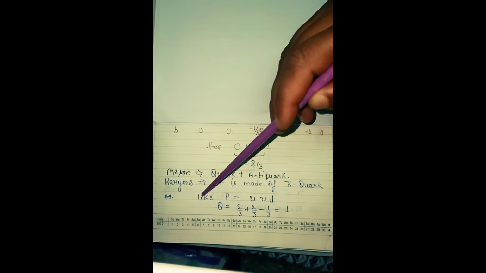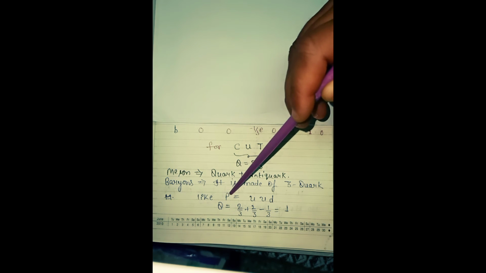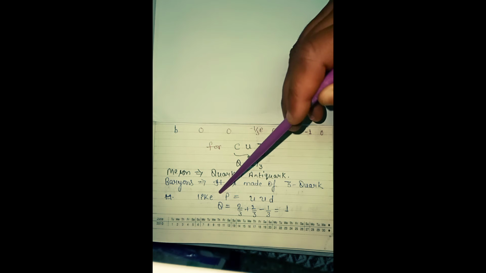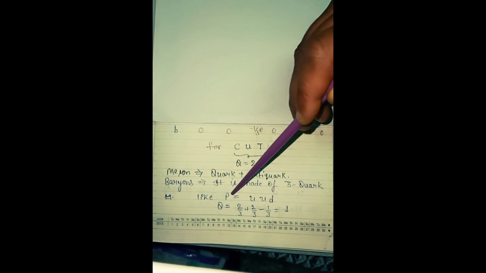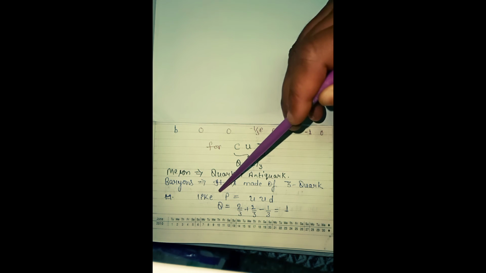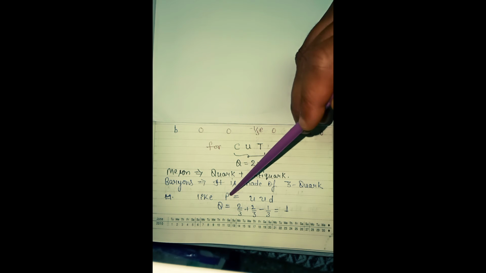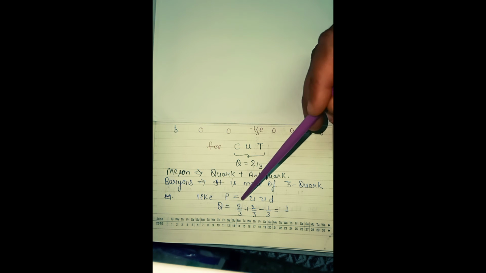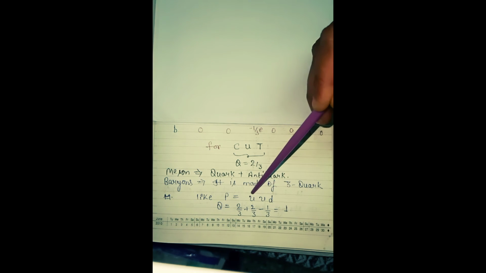Let's take an example. Proton is a baryon, and we know that proton has charge plus 1, isospin 1 by 2, and the third component of isospin equal to 1 by 2. We say that proton is made of up, up and down quarks.